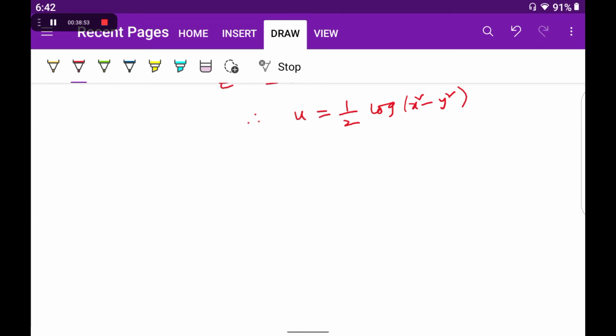Now to find v, you divide x and y: e power u secant v by e power u tan v. Why? Because e power u gets cancelled. Now there is no u term in this. Now this is secant v by tan v.